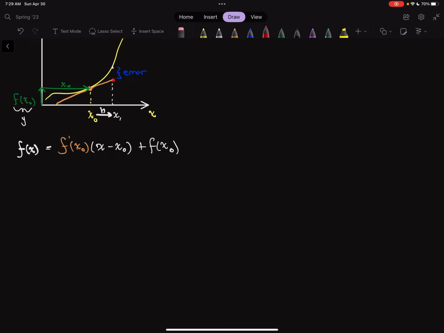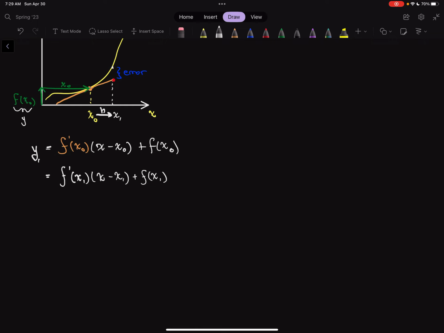The slope at that point is going to be f prime of x sub 1, shifted by x sub 1, and evaluated at x sub 1.